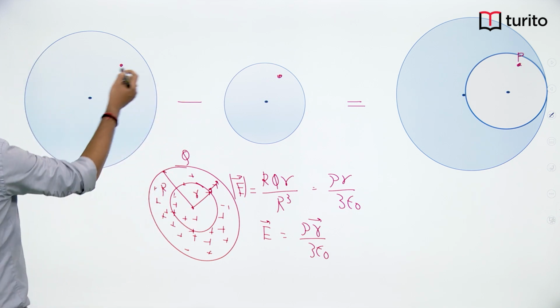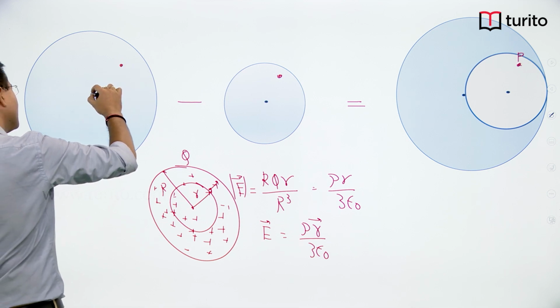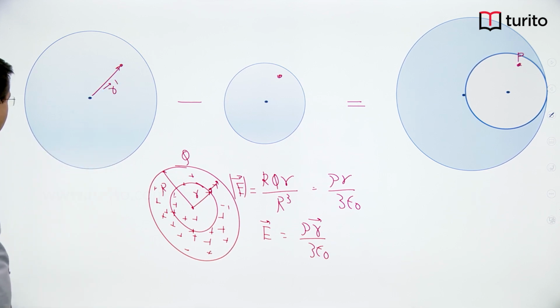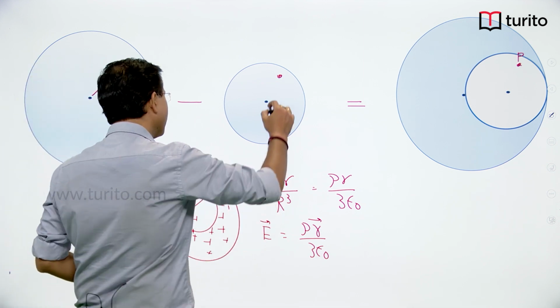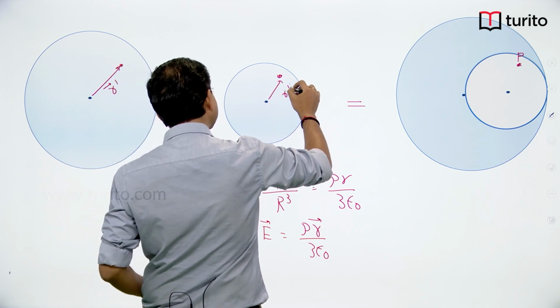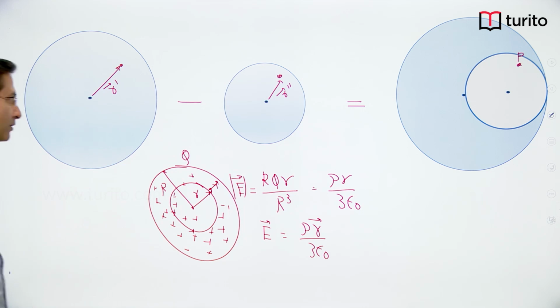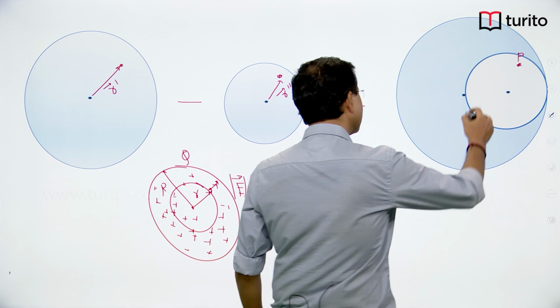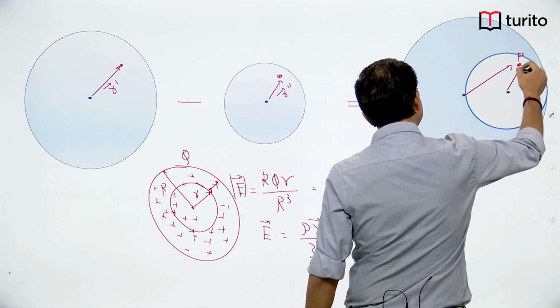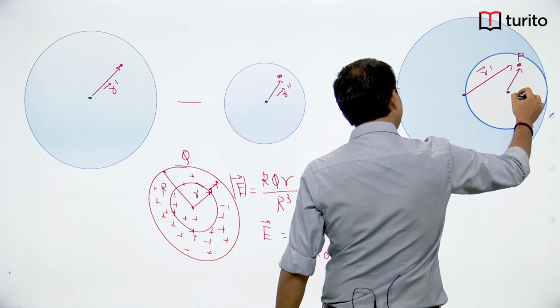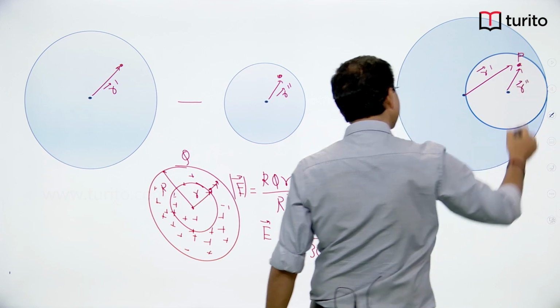So, I can say here, let this point be at some r dash from the center of this big sphere, and this will be r double dash, right. And if I draw here, then one will be like this, another will be like this. I hope you are understanding. This is r prime and this is r double prime, okay.